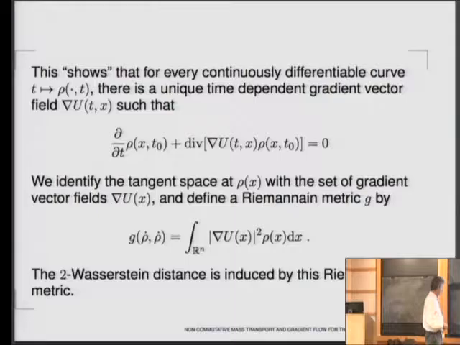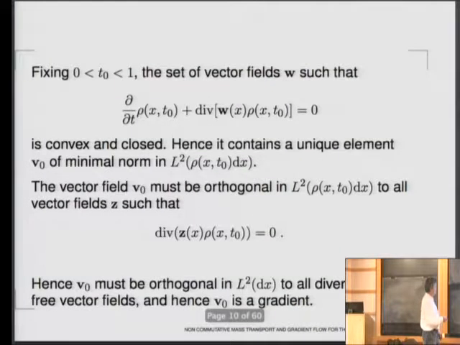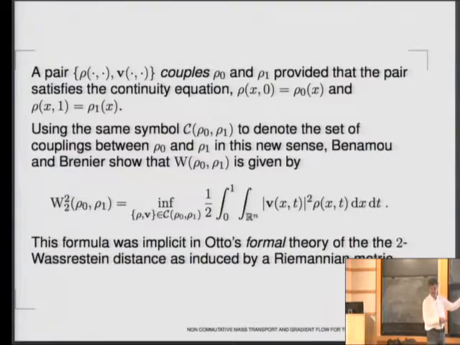Okay, and so indeed, this suggests also what the Riemannian metric is going to have to be, and this is what Otto wrote down. You identify the tangent space. I mean, what is a tangent vector? It's an equivalence class of curves, so you take all these curves that have the same derivative, we can identify them with this u, this vector field gradient u, and then we can identify the length squared of u as the integral against rho, and that's exactly what the metric would have to be to make this formula back here do the usual thing.